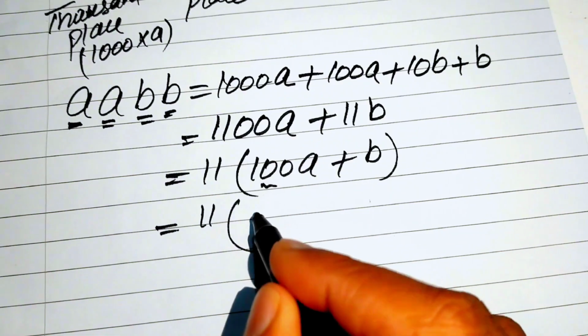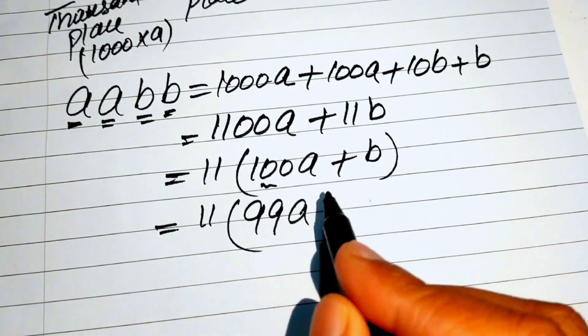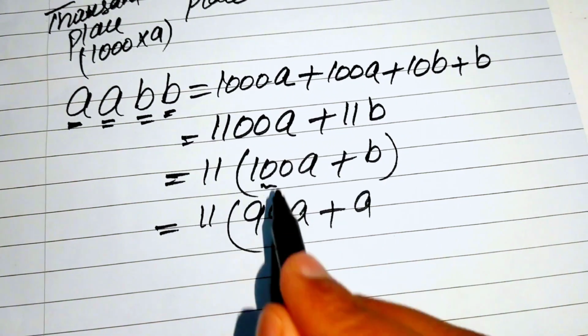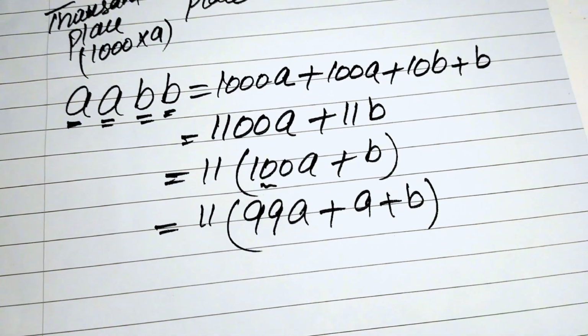So we convert these numbers into multiples of 11. We write 100A as 99A plus A, because 99 is a multiple of 11, and here we have plus B.